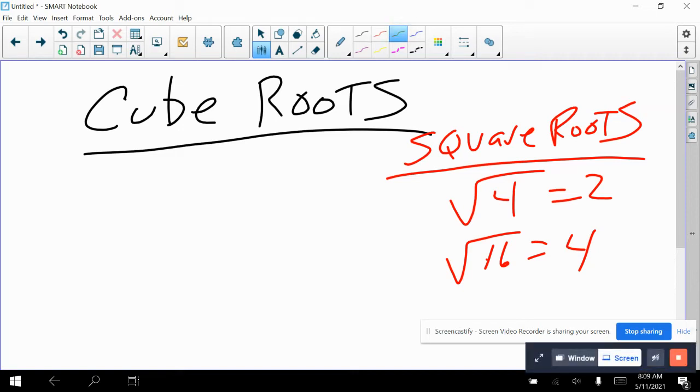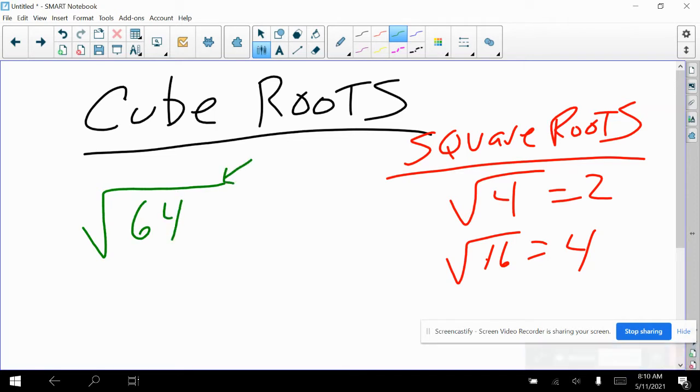Okay, when we're dealing with cube roots, it's just a little bit different in the sense that, remember what that was called? Where the arrows are at? What's that called? Okay, no. 64 is the radicand.